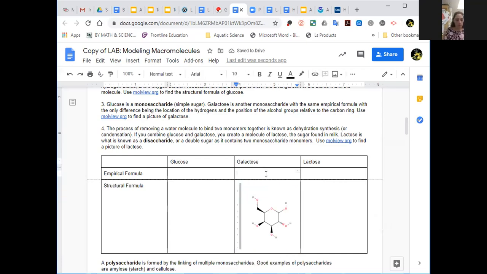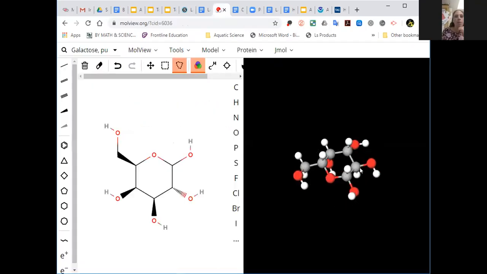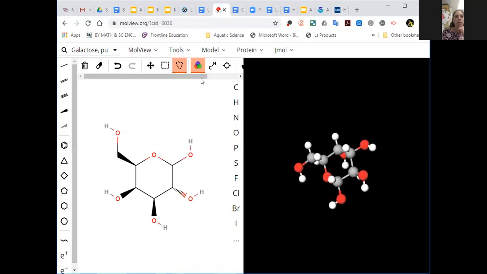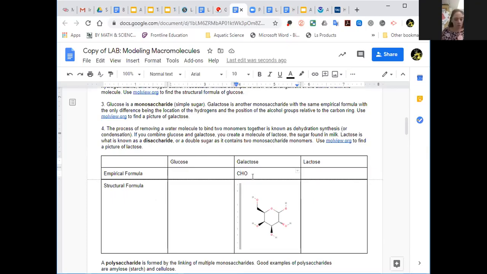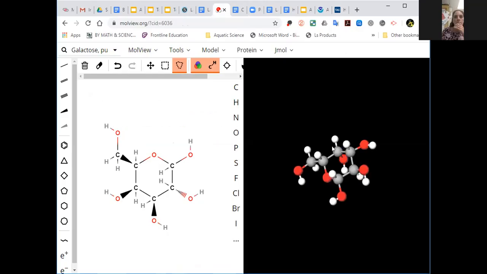Now for my empirical formula, I know there's carbon, hydrogen, and oxygen, but now I need to count. I can count this using a few different views. I can either put up my letters or I can look at this molecule here. Carbons, I've got 1, 2, 3, 4, 5, 6 carbons. So 6. Hydrogens: 1, 2, 3, 4, 5, 6, 7, 8, 9, 10, 11, 12 hydrogens.